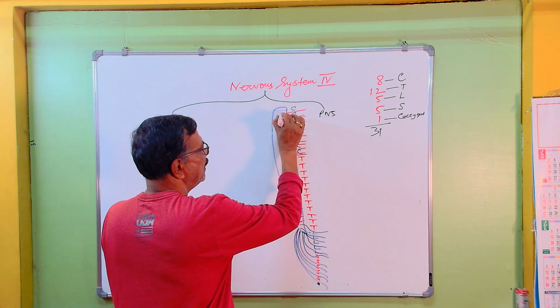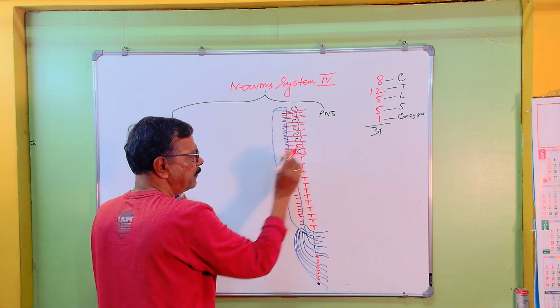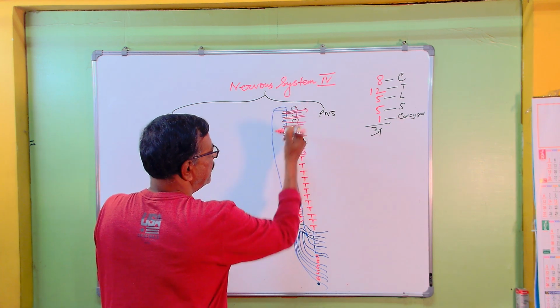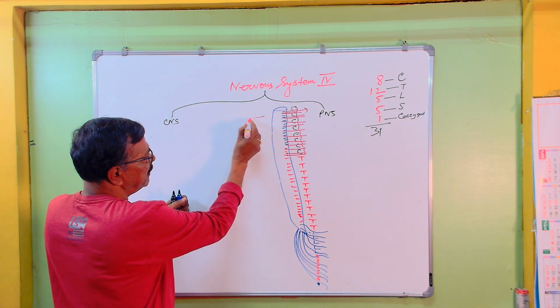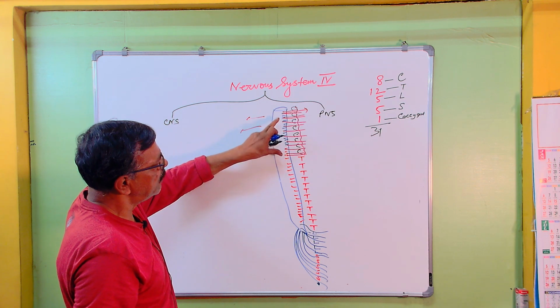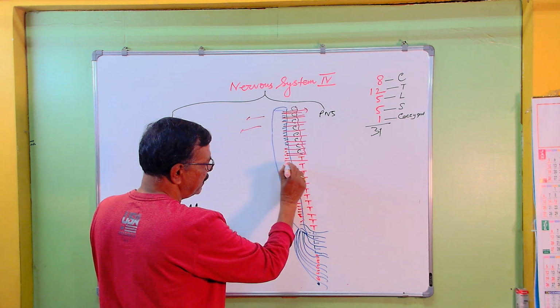So the 8 nerves correspond within the same vertebra. Within the same vertebra there are pairs of nerves. From here it comes, and on this side it also comes. So these correspond with the vertebra.